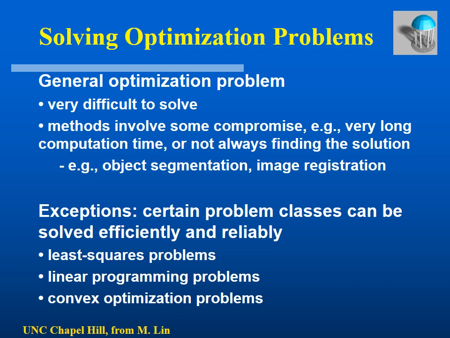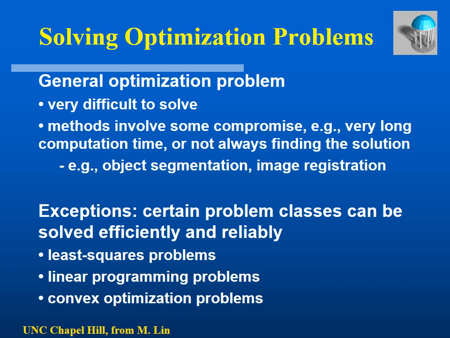However, even though the general optimization problem is very difficult to solve, and indeed the above problems that I've been talking about, we do not have general algorithms that always find the optimum. Certain problems can be solved efficiently and reliably. So a least squares problem can indeed be solved, and we'll see how.